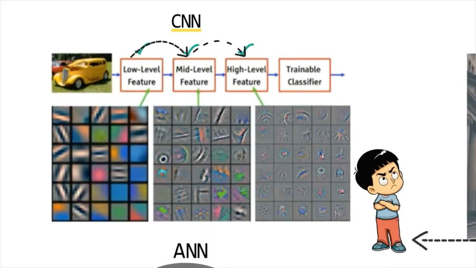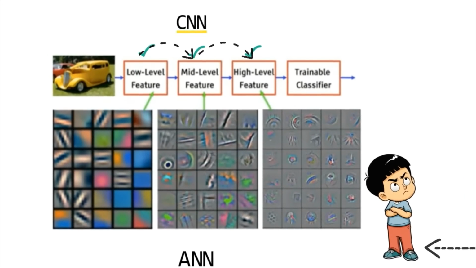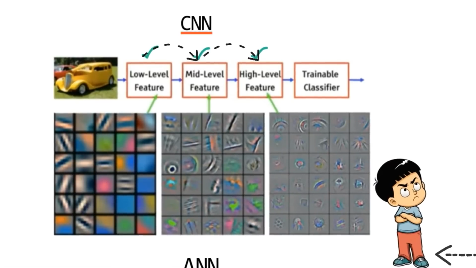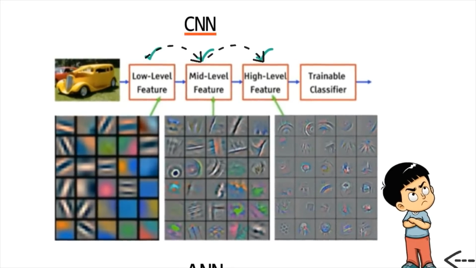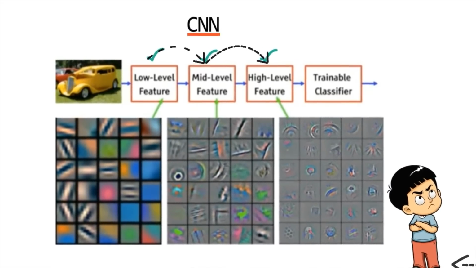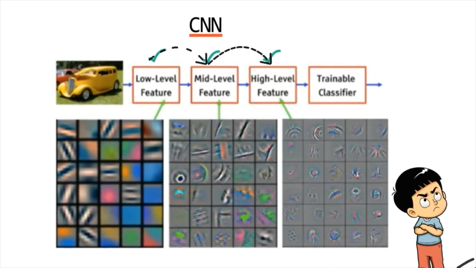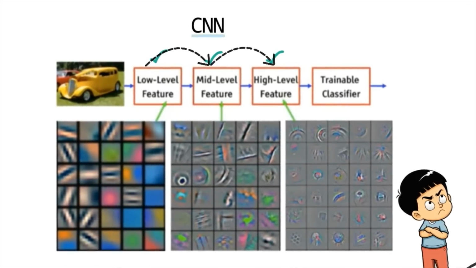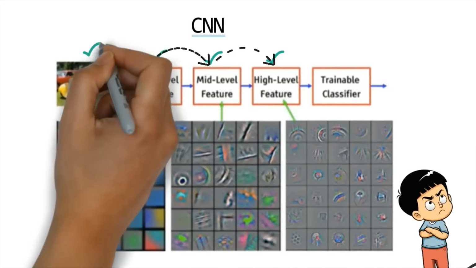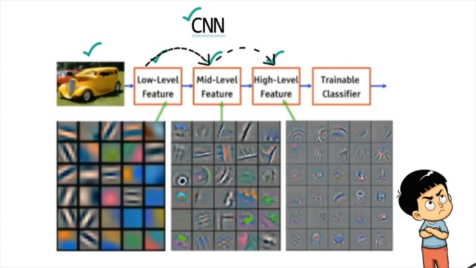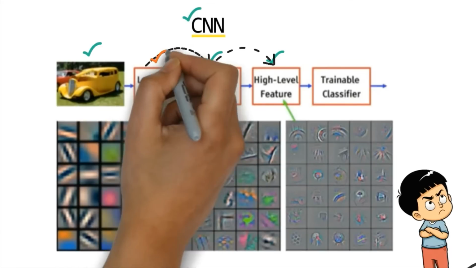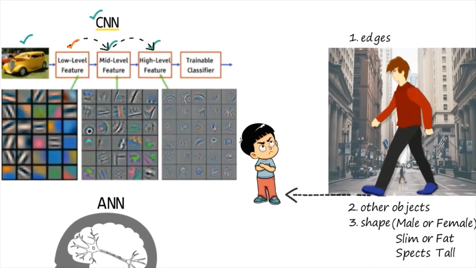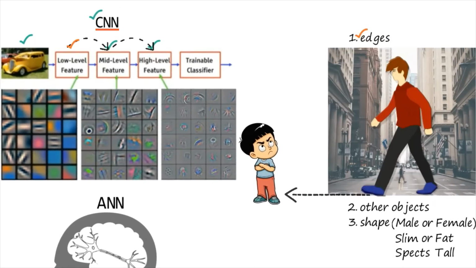I guess now you can understand how the human eye segregates features of an object while visualizing. The same thing happens for CNN. Whenever we provide any particular image to a CNN model, first it will try to visualize the low level features. Low level features means edges of an object, just like a human being.